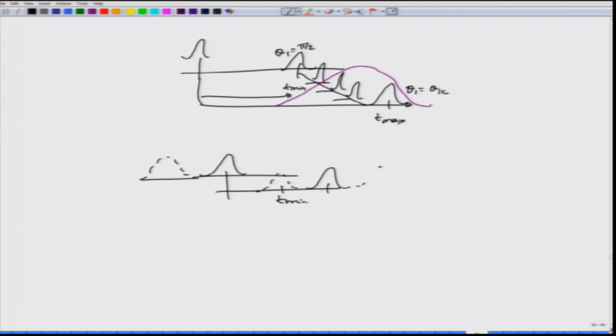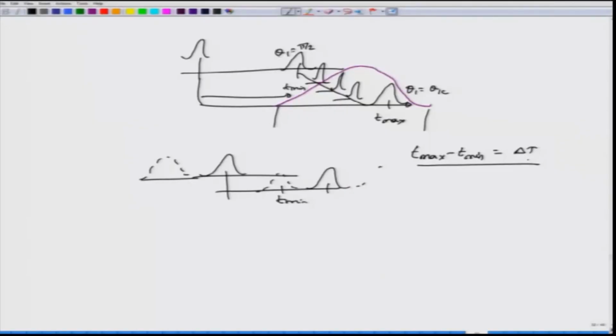So, it would be possible for me to send multiple pulses at a much faster rate, because the pulses are not getting broadened. We are ignoring other types here. But because of this broadening nature, I have to wait for quite a bit of time, at least a time duration of T max minus T min, which is the amount by which it is broadening. So, I have to wait until this time delta t before another pulse can be launched.